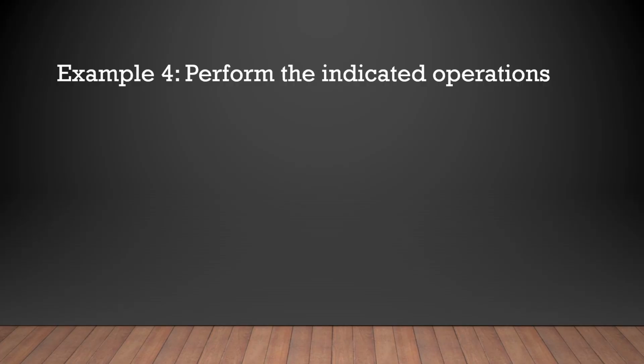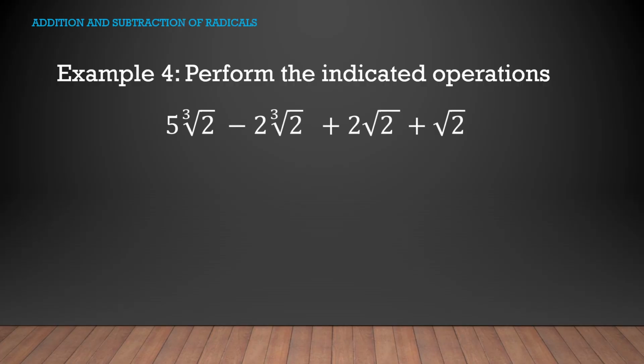Okay, the fourth example. So we have 5 cube root of 2 minus 2 cube root of 2 plus 2 square root of 2 plus square root of 2. So we can combine the same radicals again.